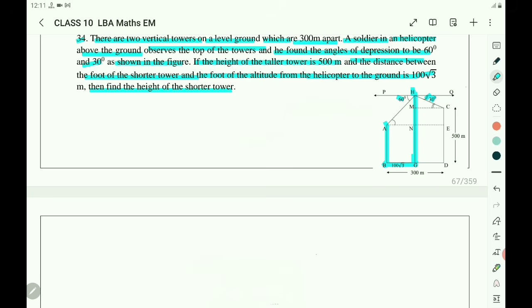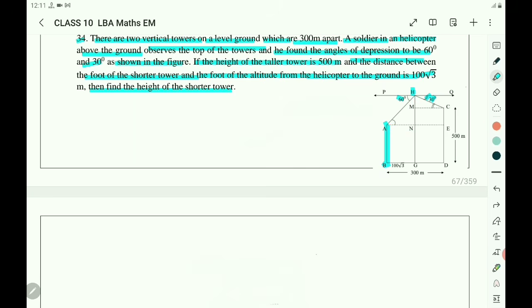Here what we have to find out? We have to find the height of the tower AB. To find the height of the tower AB, we need the HN measurement. If you got HN measurement, then you will get NG. NG is equal to AB. So how will you get HN? To get HN, you must use the triangle ANH.